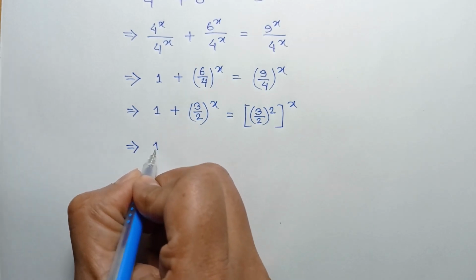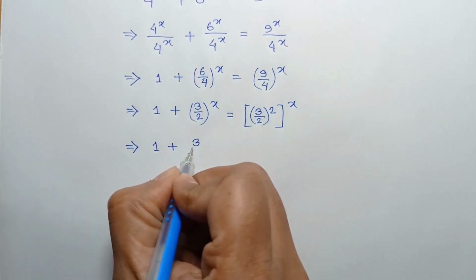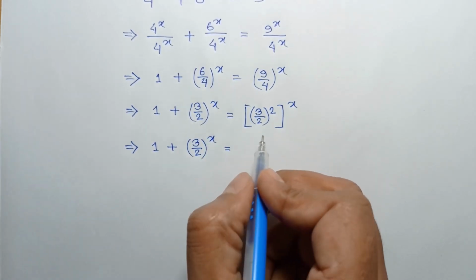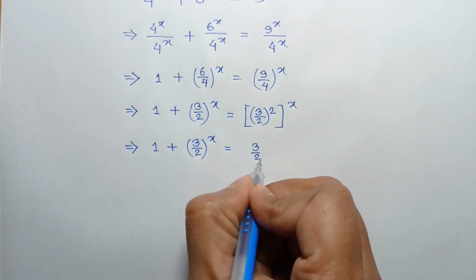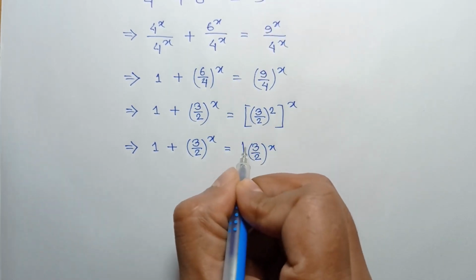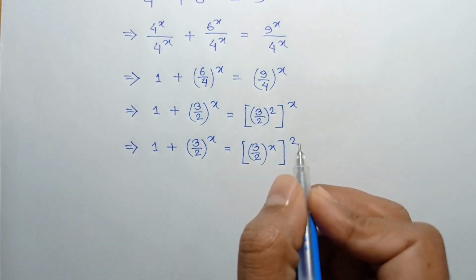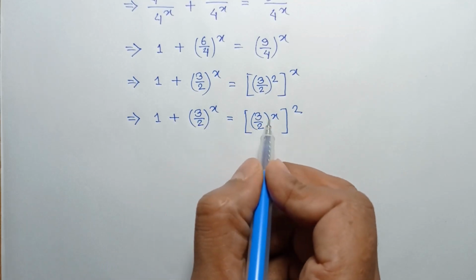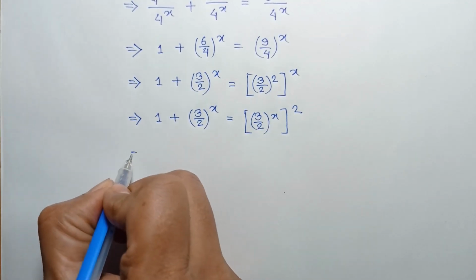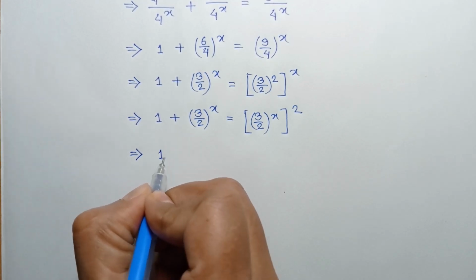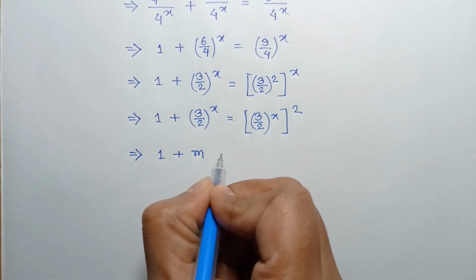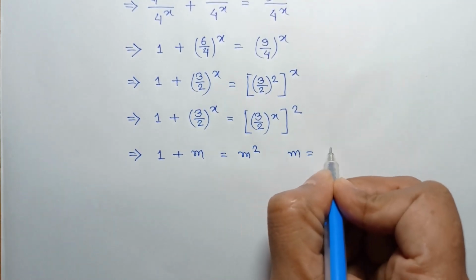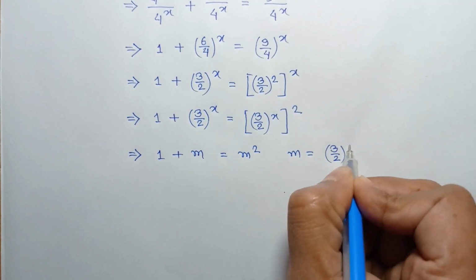Or 1 plus (3 over 2) to the power x is equal to, this can be written as ((3 over 2) to the power x) whole square. Now if we consider (3 over 2) to the power x as m, we can write 1 plus m is equal to m square, where m is equal to (3 over 2) to the power x.